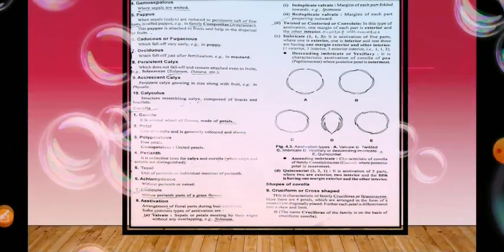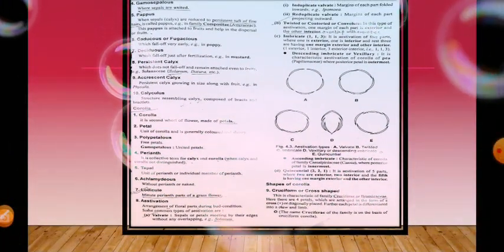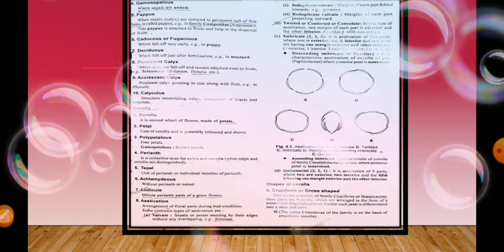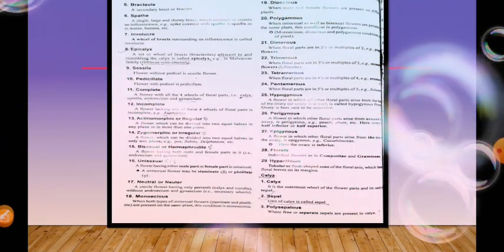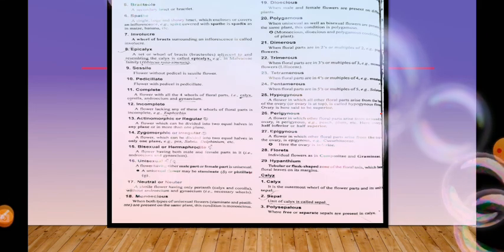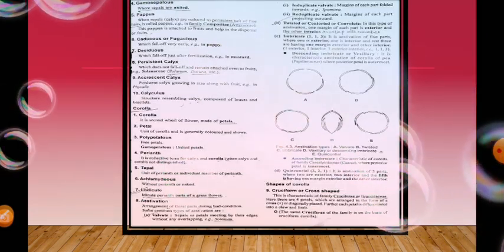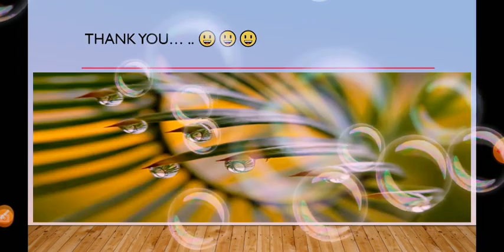In the next video we are going to learn about the shape of the corolla. So these are some important points regarding taxonomy. I think all of you understand all those things.